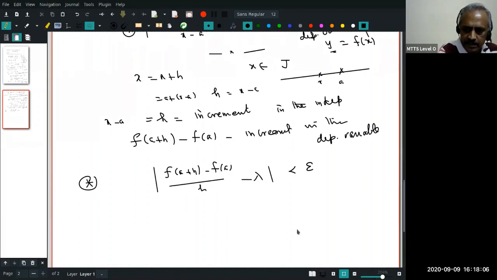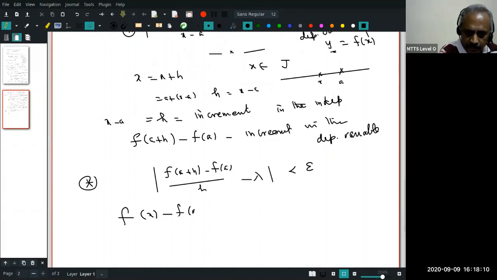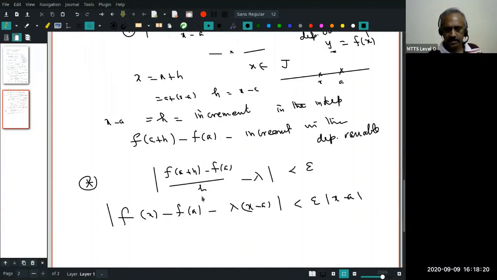In other words, mod of f(x) minus f(a) minus lambda into (x minus a) is less than epsilon into mod x minus a. Do you understand this? I am multiplying by mod h, or mod x minus a. Then I get this inequality.